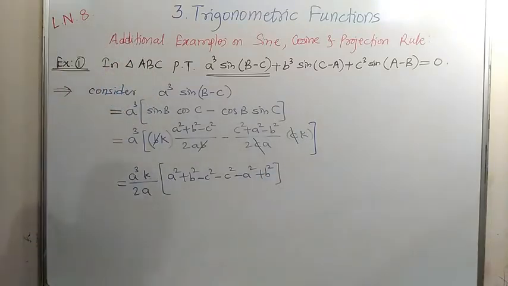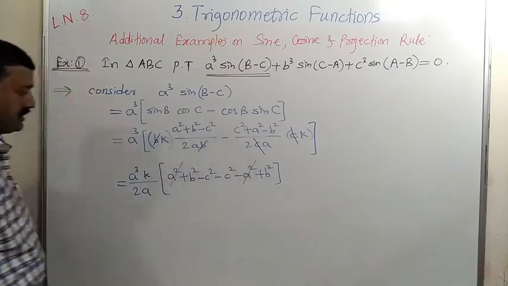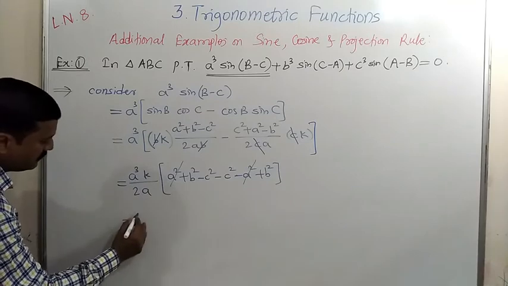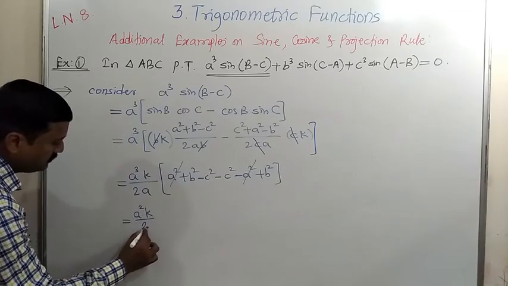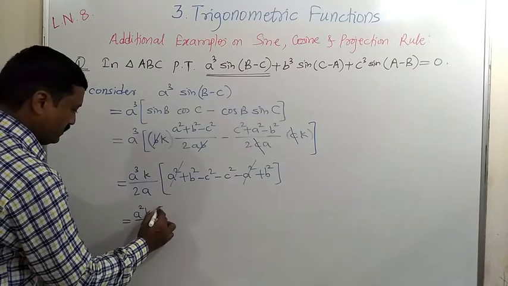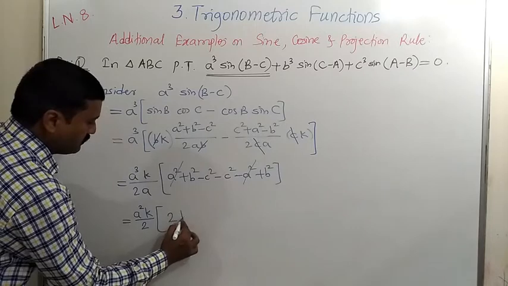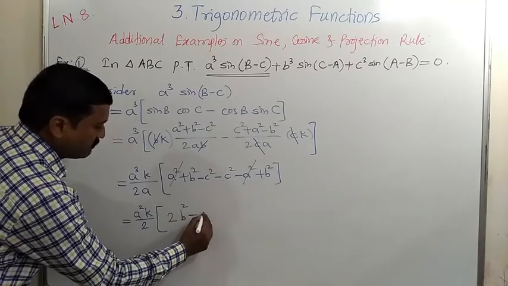Now A square gets cancelled once again. Cancelling one A, we get A square K upon 2. In the bracket remains B square plus B square, that is twice B square, minus C square minus C square, that is minus twice C square.